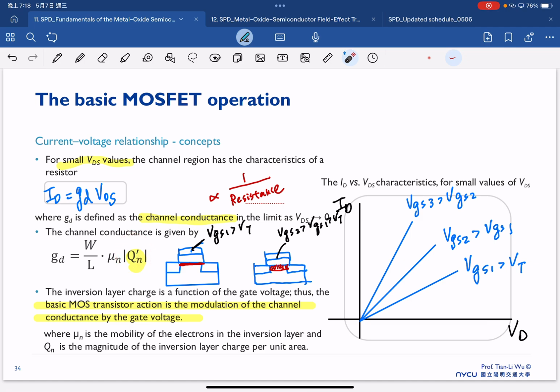So this one is proportional to our gate voltage. So then, in this case, with a smaller VDS, we have this typical IV characteristic, especially this is ID, to be more precise, this is ID versus VDS.